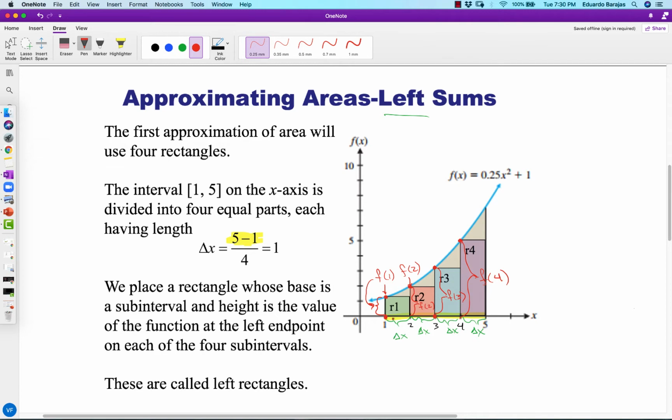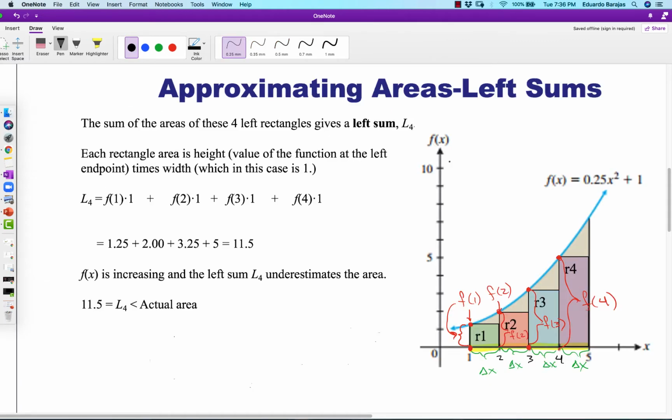Okay, so then we have a width and a height for each one of these rectangles. We can multiply them and determine the area of each rectangle, add them together, and that would be my first approximation for the area. The sum of the areas of these four left rectangles gives a left sum, right?